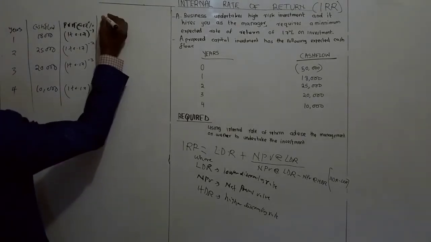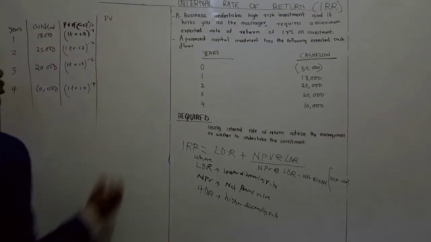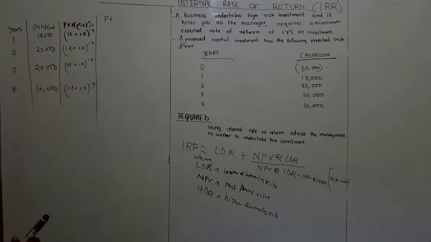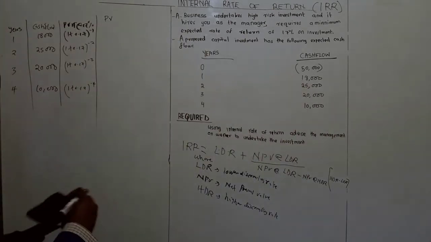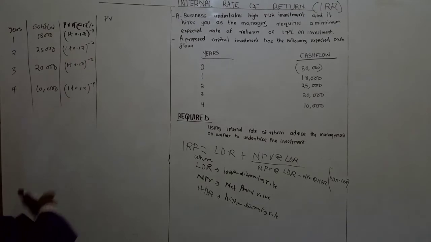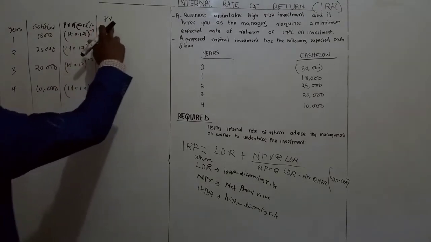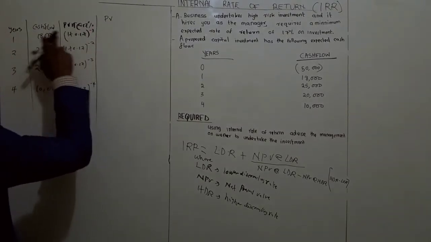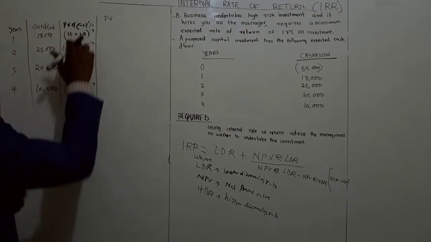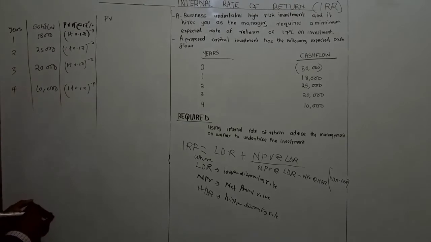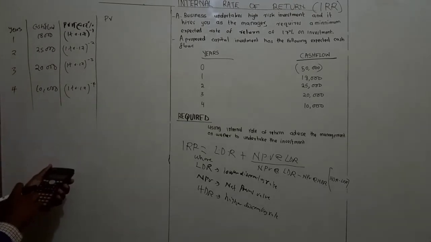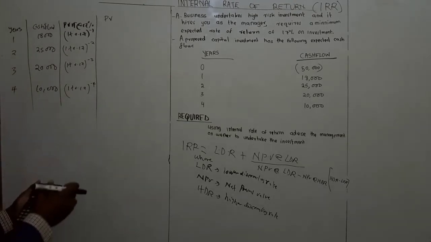After that, we will get the present value. Now let's take the calculator and find out. First, to get the present value, we multiply the cash flow by the present value interest factor. So we take 1 plus 0.17, which comes to 1.17.